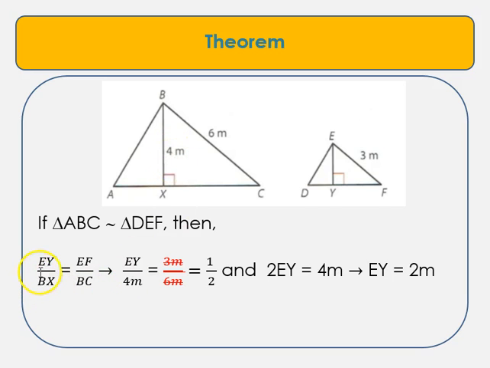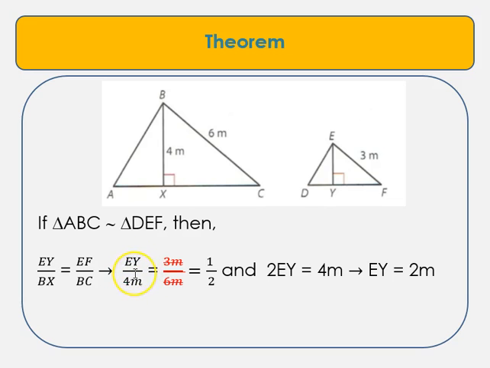But let's go ahead and start off by setting up a proportion, and we'll use EY, the altitude of the smaller triangle, to BX, the altitude of the larger triangle, and then we'll use 3 meters, which is the long leg on the right side of the triangle, to 6 meters, which is the long leg on the right side of the left triangle.